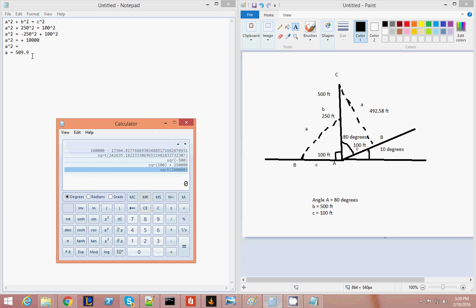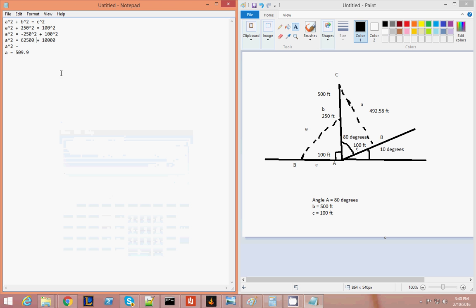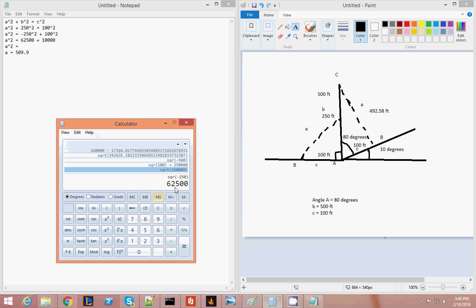And now we square root this number, which will give us 269.3. So we can say that side a will equal 269.3 feet. So that's how long the wire has to be.